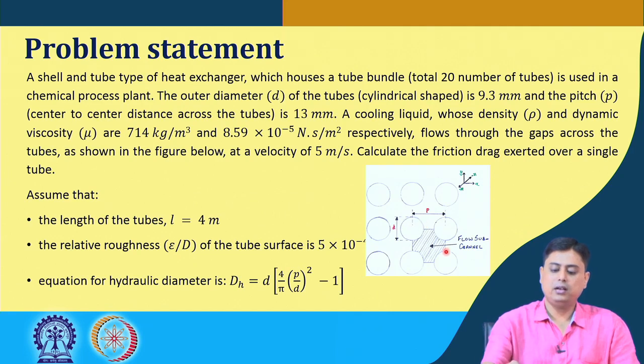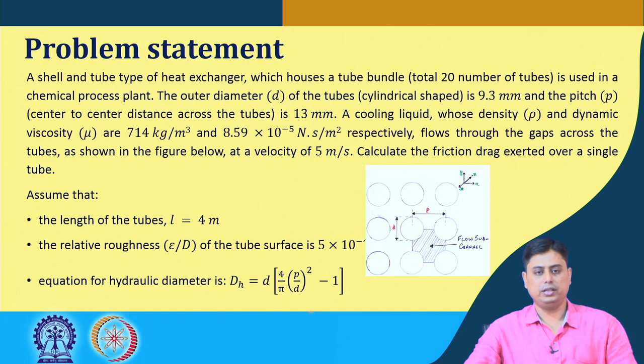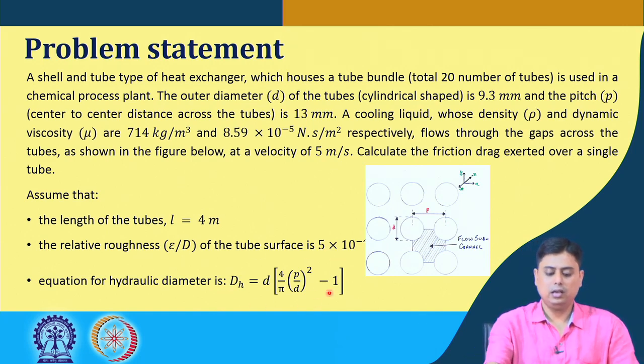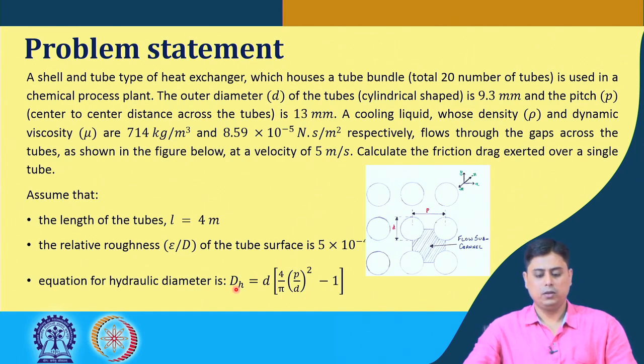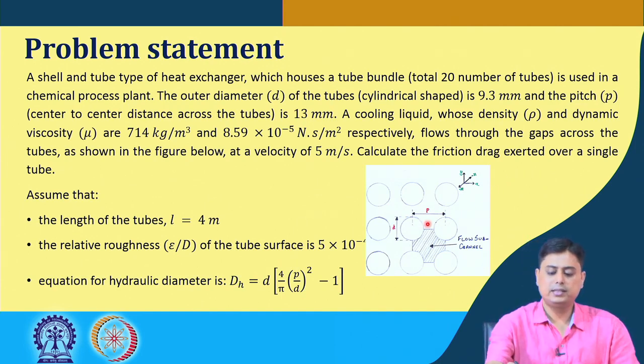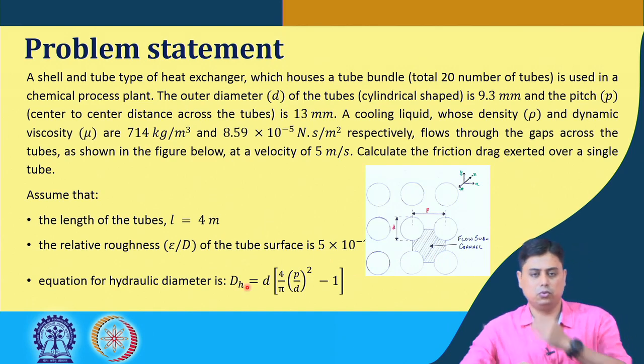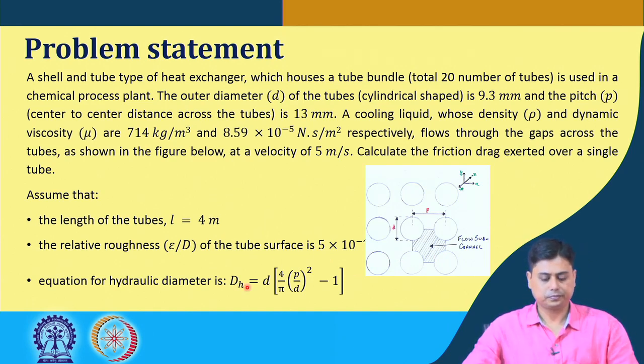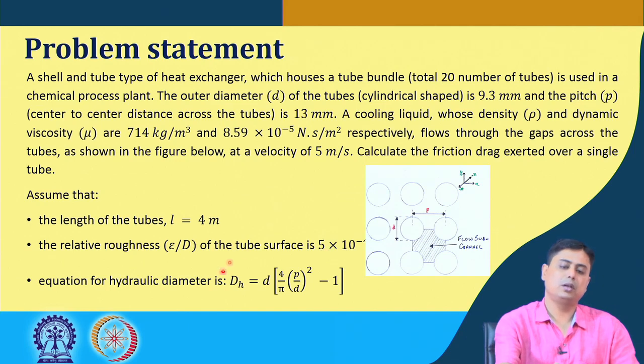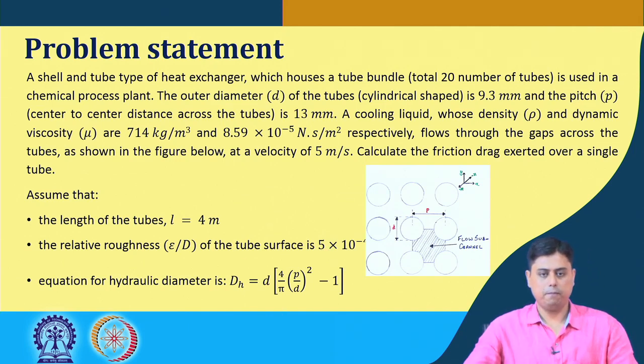For this kind of rectangular pitch, this is the equation for the hydraulic diameter, which can be derived, but for the sake of simplicity, here we have directly shown it. If the pitch is triangular, the available area is triangular, and the hydraulic diameter expression would be different. That expression is supposed to be derived, but here it is given.